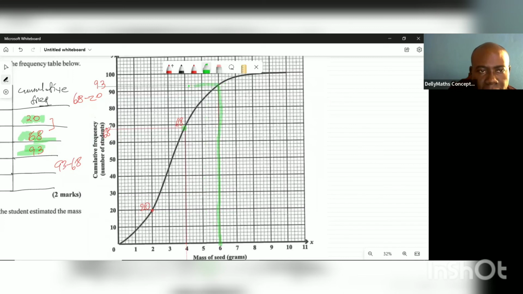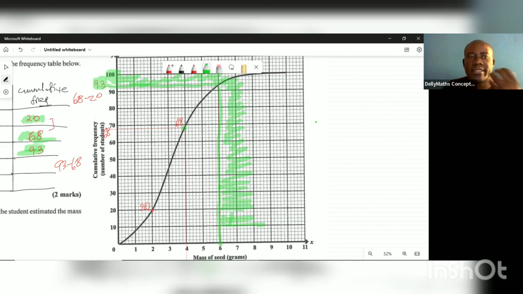We came across and got 93 right here. Then we're talking about greater than, so we're going over to this region, from 93 up to 100. We're looking to the right, not underneath, because we're going greater than.